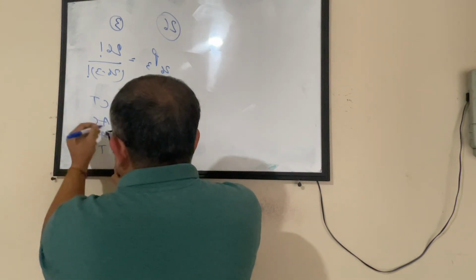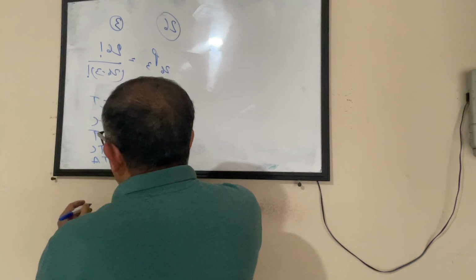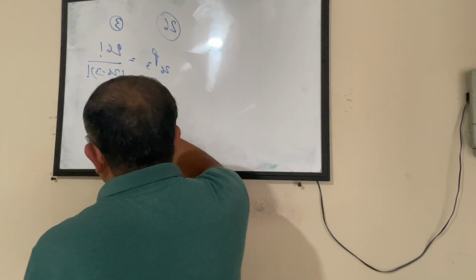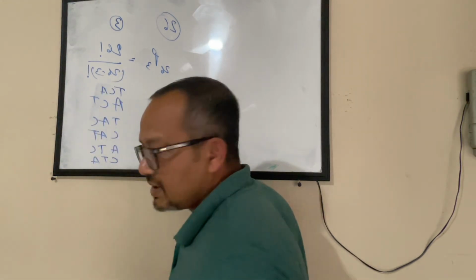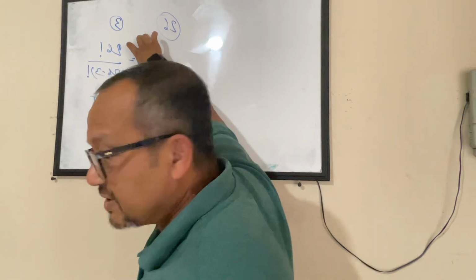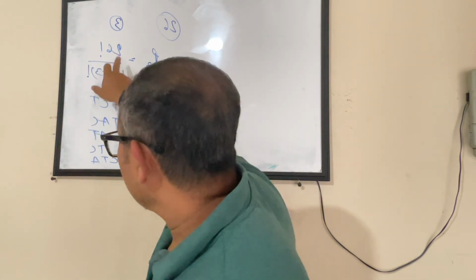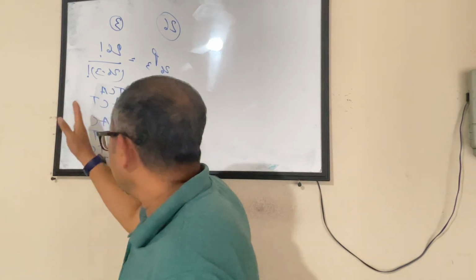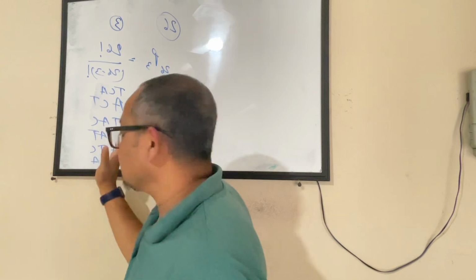ACT, TAC, CAT, CTA, and TCA. This option basically is trying to form the words, and these matter because we are talking about permutation, meaning every position, who is filling what position matters. That is what is a classic case of permutation.